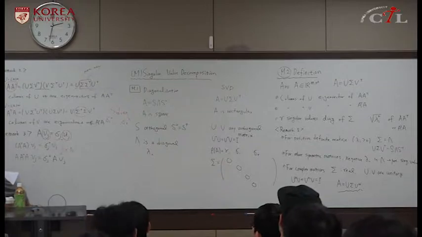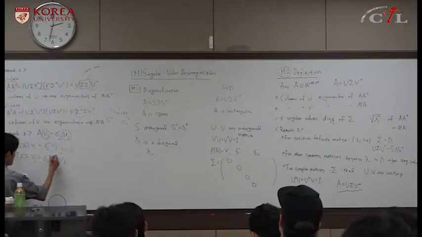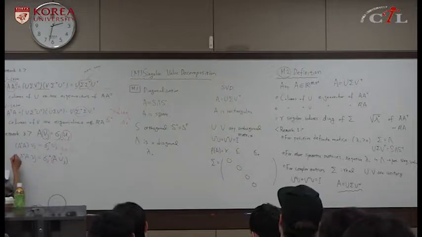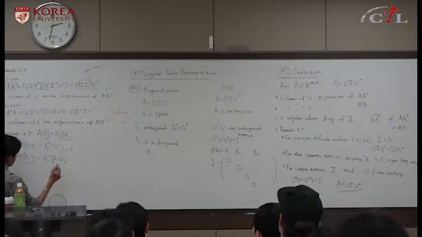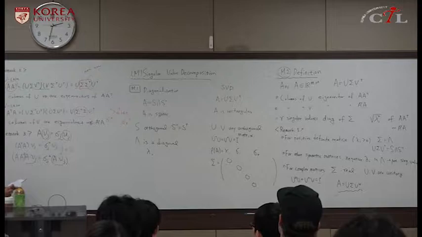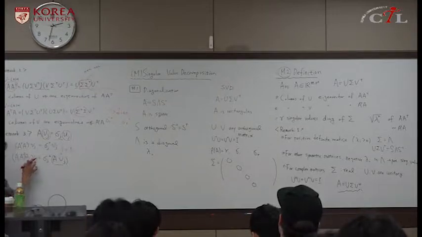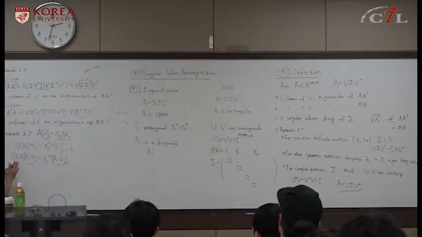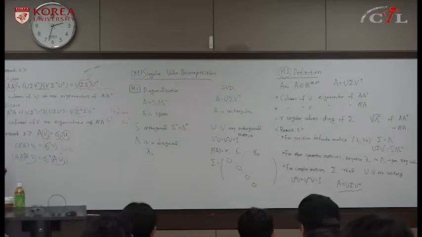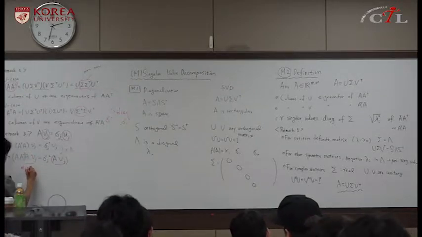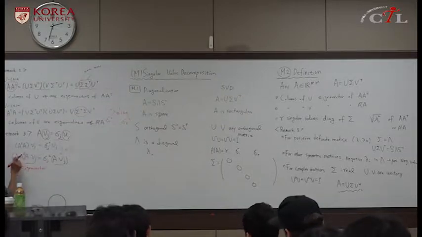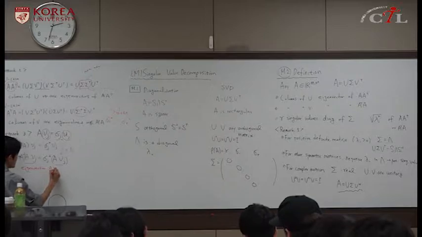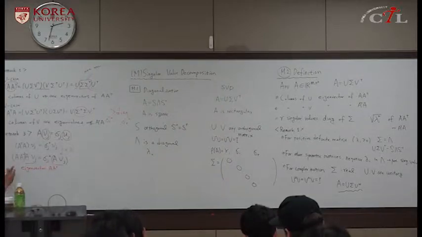Now, if I put it like this, A Vj is an eigenvector, because of this form: the eigenvalue relationship for the original matrix gives an eigenvector of A A transpose.